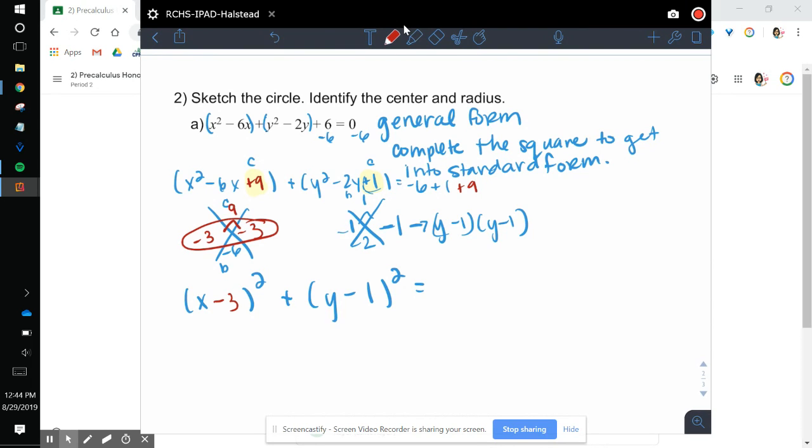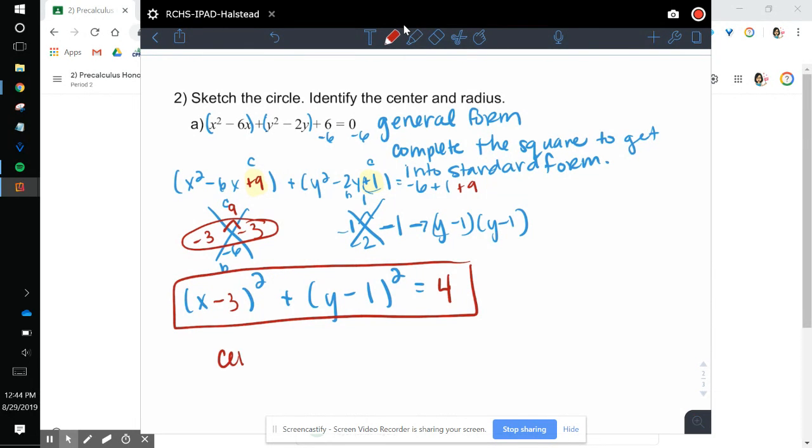Now on the right hand side, we're just going to add these together. So negative 6 plus 1 is negative 5, plus 9 is 4. And look, we're in perfect square form, or we're in standard form of a circle.